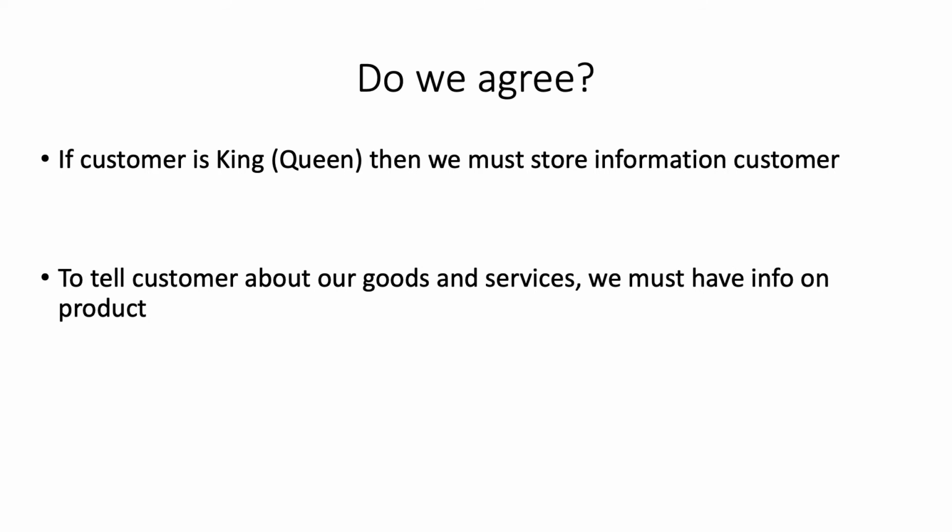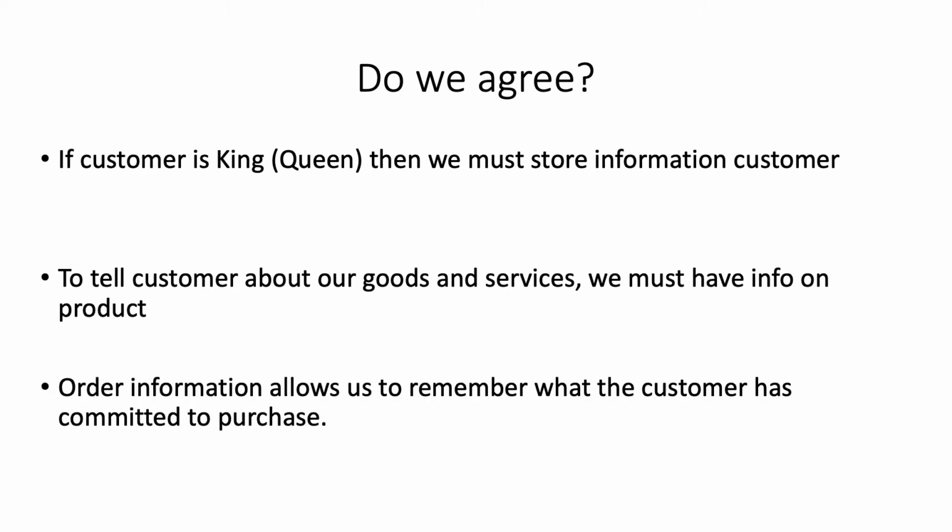We need to tell a customer about our goods and services, and if we're going to do that, we've got to have info on products. And if we ever want to take an order, we're going to have order information to allow us to remember what the customer is committed to purchase. So I at least agree that we need customers, we need products, and we need orders.